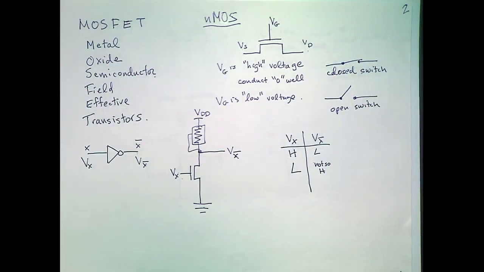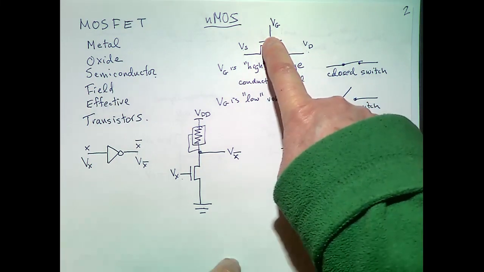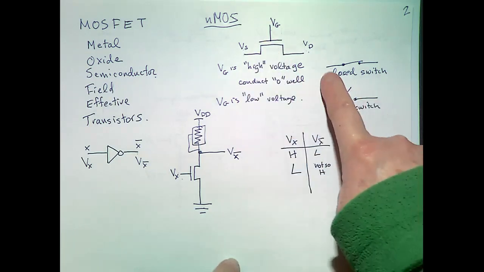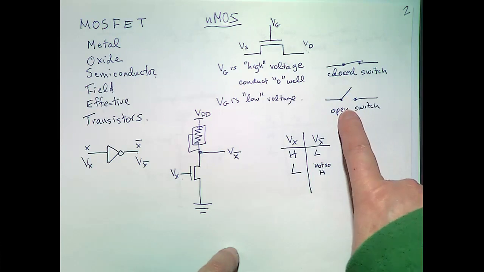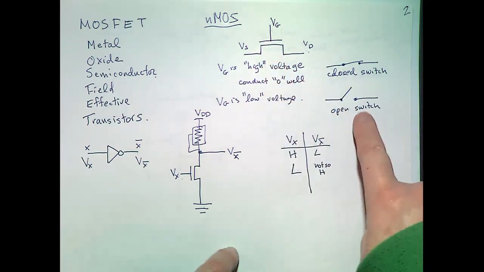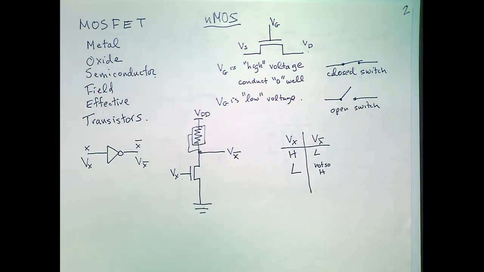And then we introduced MOSFETs, which are field effect transistors, and this is the symbol for an NMOS, which we can think of as operating as a switch. Basically, when we apply a high voltage to the gate, it closes the switch, allowing electrons to flow, and when it's low, then this is an open switch, and very little goes through.